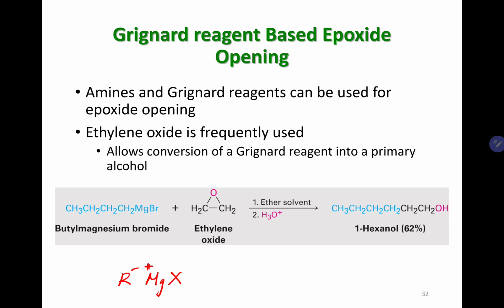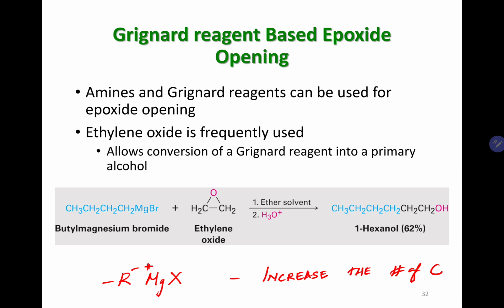So this reaction is especially important. Why? Because by using this reaction, you can increase the number of carbons. Whenever a reaction is capable of increasing the number of carbons, that reaction is very important in organic chemistry. Why?